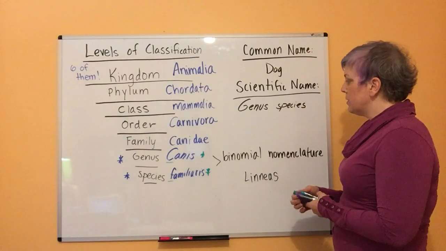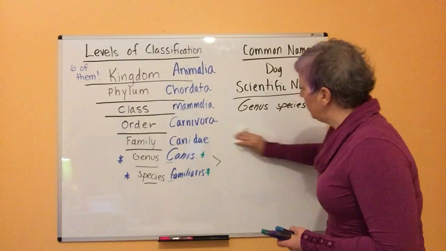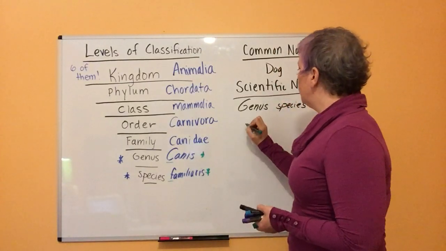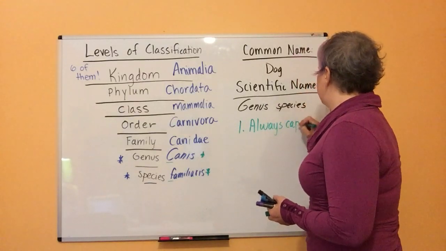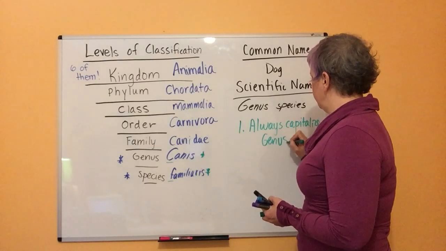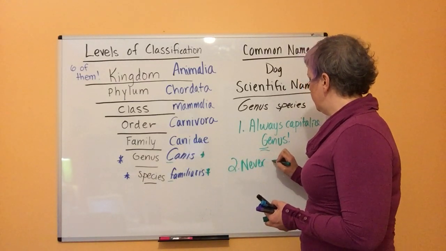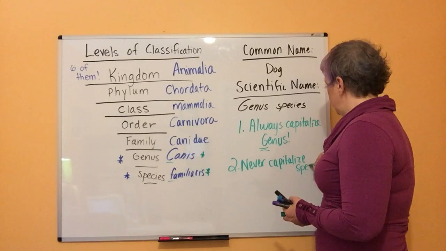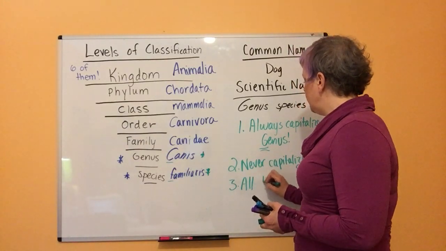Okay? And those rules that I want you to remember, even though every single year students forget these rules, are as such: always capitalize genus, never capitalize species, and the third rule is they are all italicized.